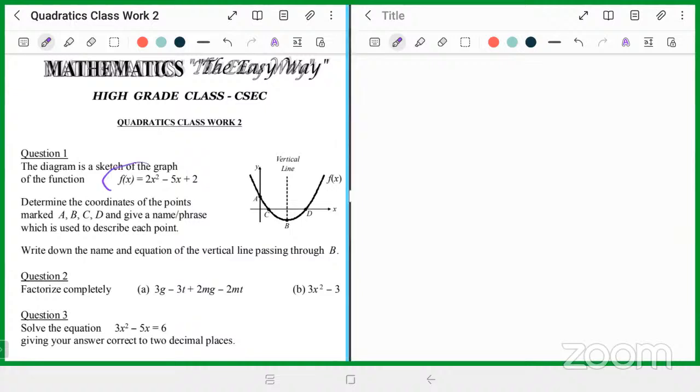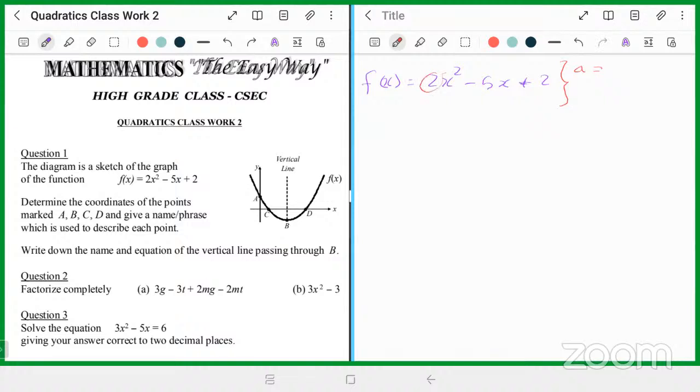So the function is this one: f(x) = 2x² − 5x + 2. This is the standard form. The a is the coefficient of x squared, which is 2.